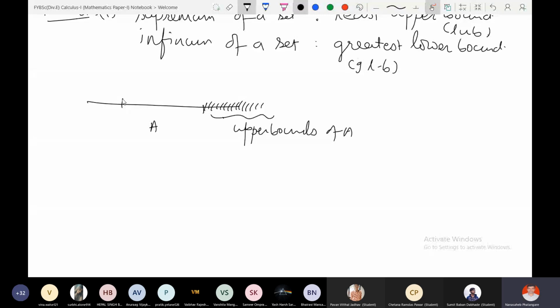So this is my set A, a subset of real numbers, and these are all lower bounds, right? But the least among all upper bounds is what? Supremum. And the greatest among all lower bounds is infimum, right? So this is what we discussed. So is it clear?